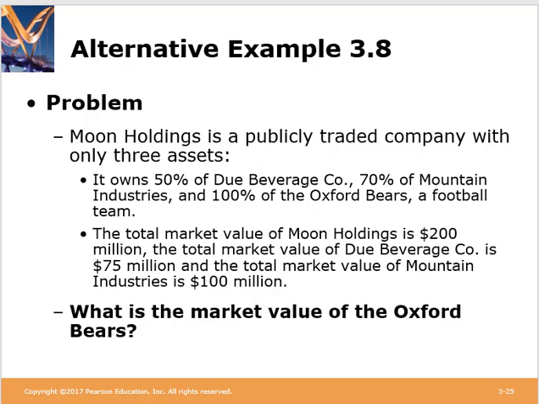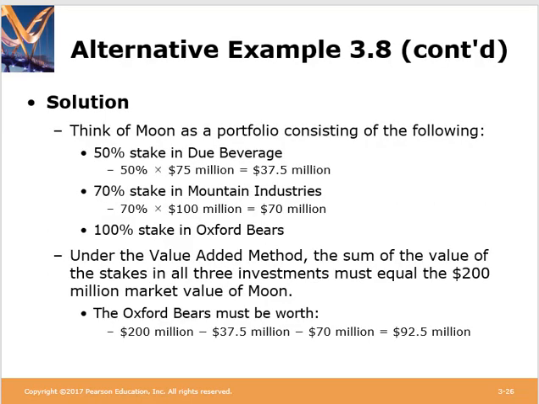Dew Beverage is $75 million, and the total value of Mountain Industries is $100 million. The question is, what is the value of the Oxford Bears, which in this case is a non-traded private entity within this publicly traded company?